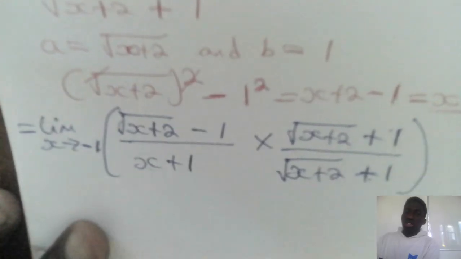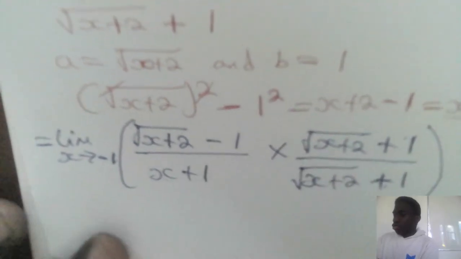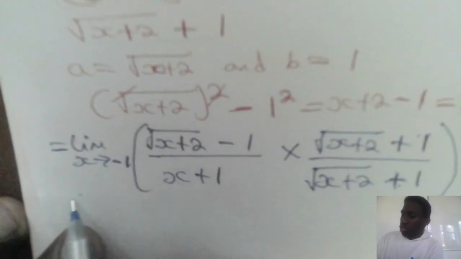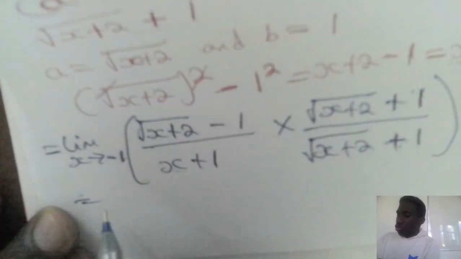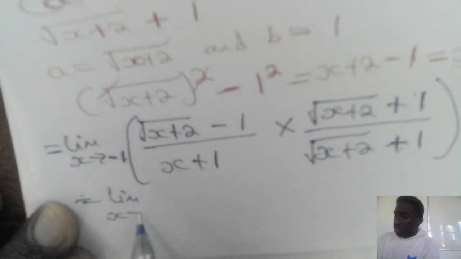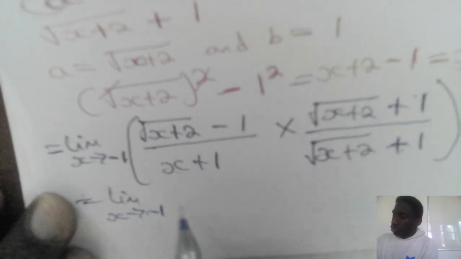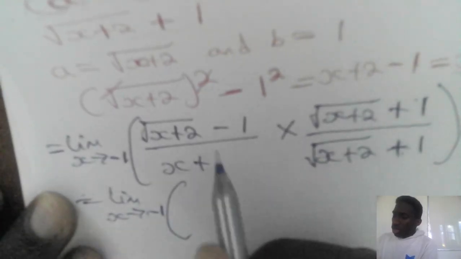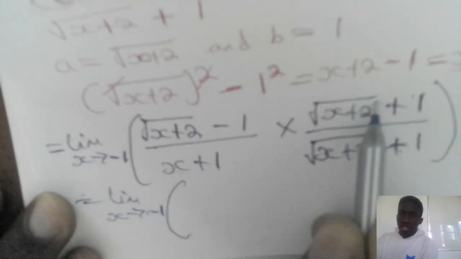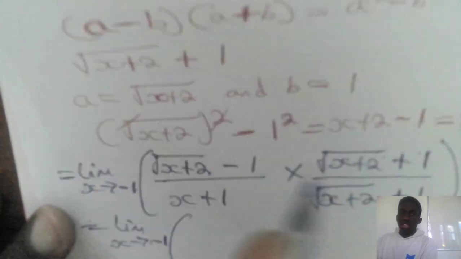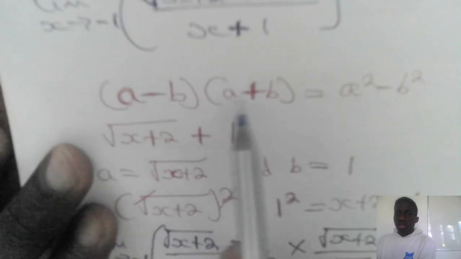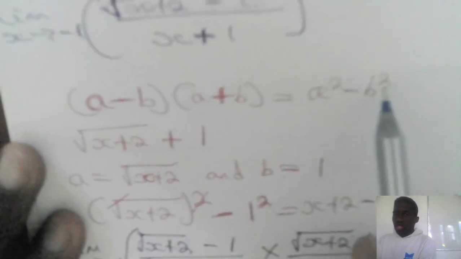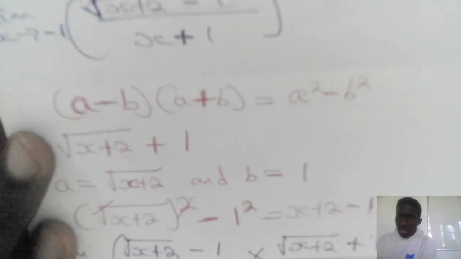But what I'm going to do is simplify it. That's the result of doing this. It simplifies everything. So if we move further, we go to the limit as x approaches minus 1 of, now obviously this multiplied by this is the same thing as the difference of two squares formula. a minus b multiplied by a plus b is equal to a squared minus b squared.